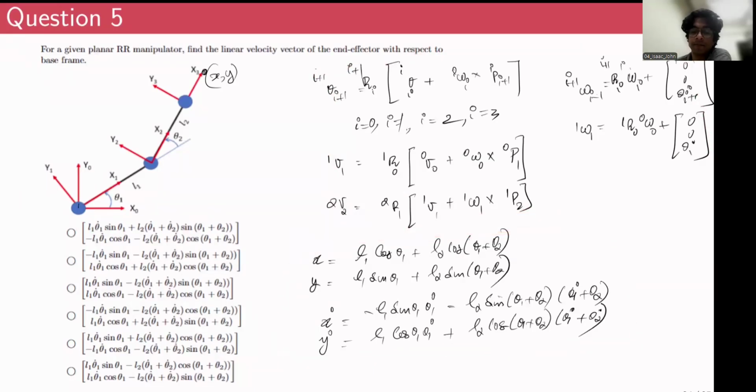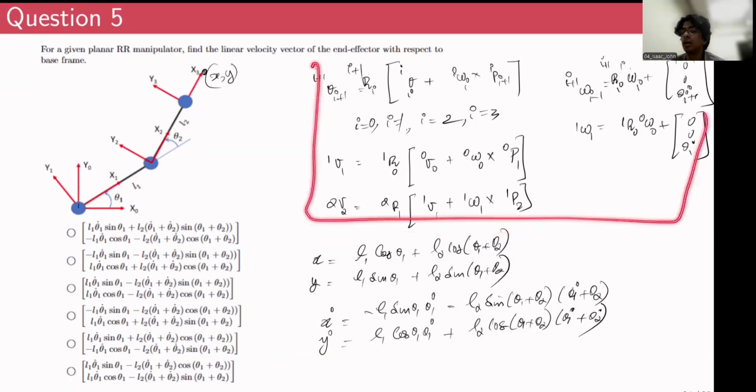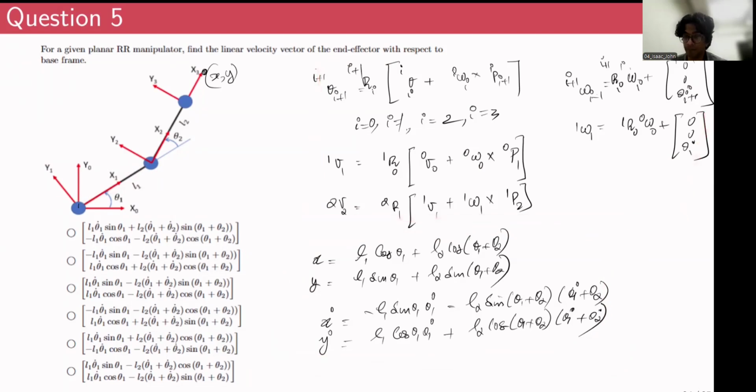So if you go with the velocity propagation approach, or if you go by this approach, you will still get the same answer. In case of a simple robot, with fewer joints and fewer links, the geometrical method is always going to be easy. But when the number of links and joints grows, you cannot write this equation intuitively. You will have to use the velocity propagation equations. All right.